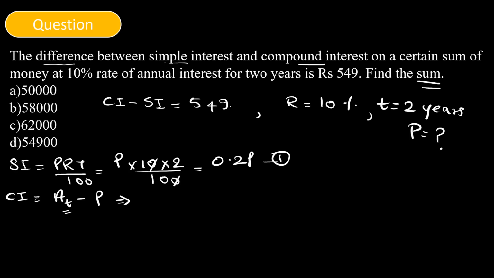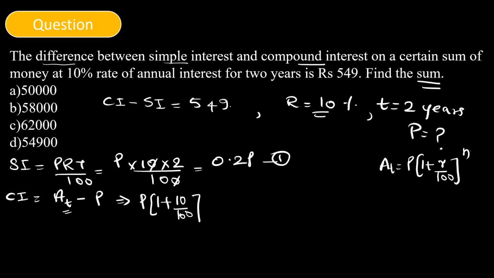So what is the amount? The formula for finding the amount is P into 1 plus R by 100 whole raised to n, where R is the rate, n is the number of years. So here A_t is P into 1 plus rate 10 by 100 whole raised to the number of years, n is 2 years.